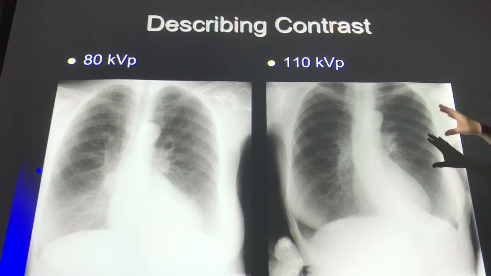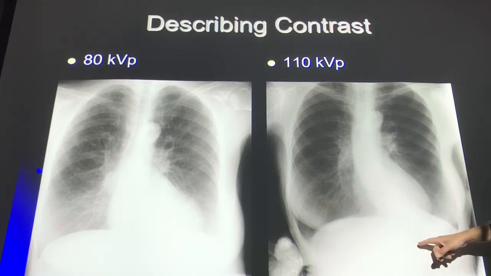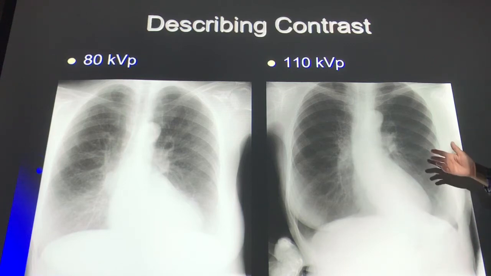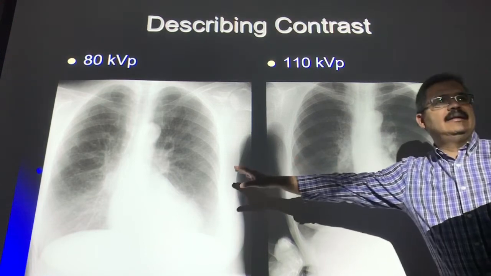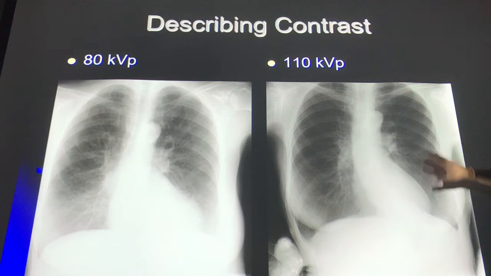Let's suppose that this radiograph was done at 110 kVp and let's say 5 mAs. What will happen if we bring this to 2.5 mAs? What will happen to the density? It'll go down. The density will look lower, but the shades of gray are still gonna be there.